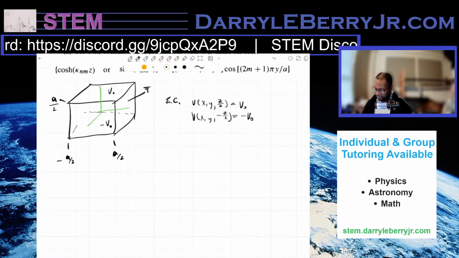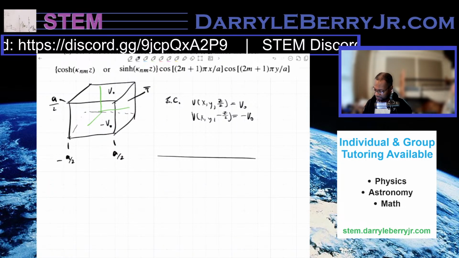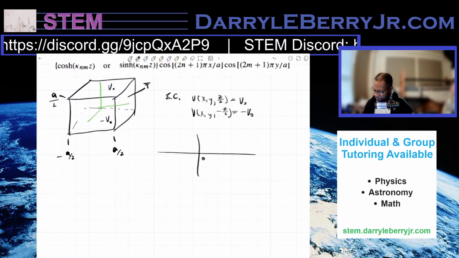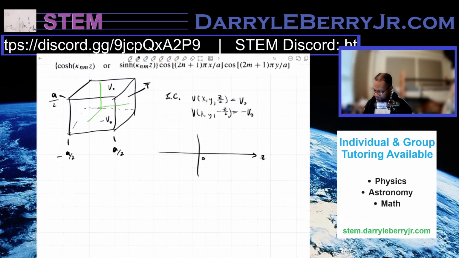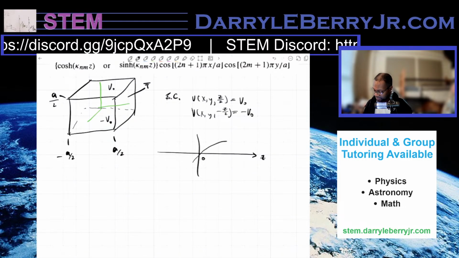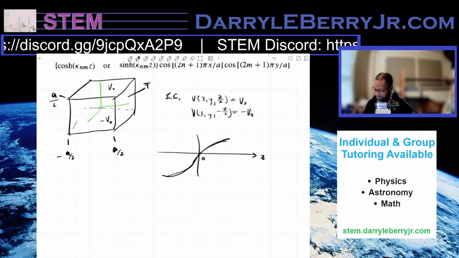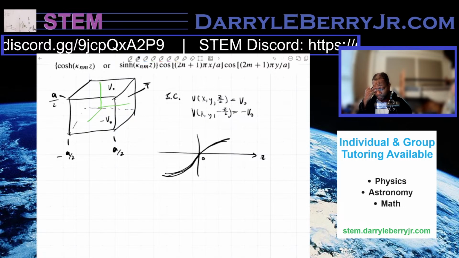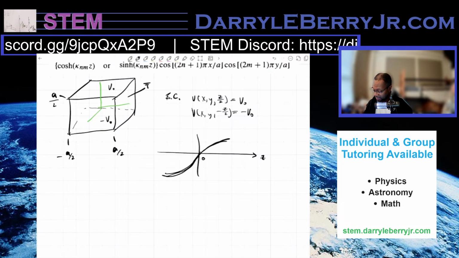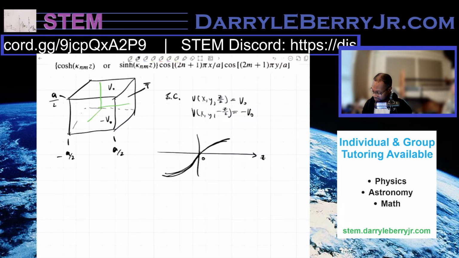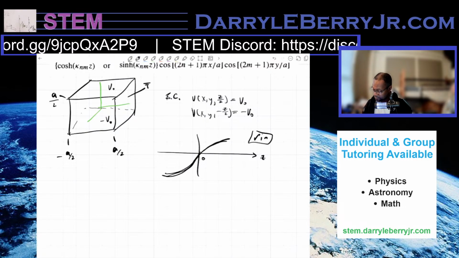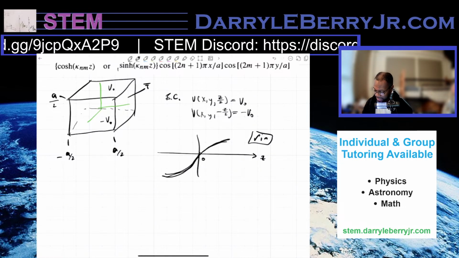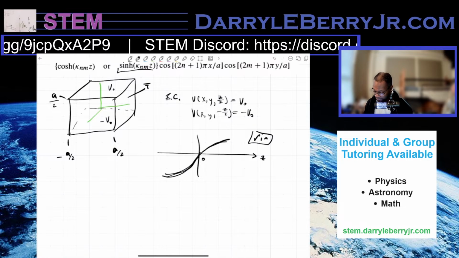So here we have to draw a rough estimate. This is the z-axis. At 0, we have nothing, and at positive, it's a high value. At negative, it's a negative value. So this is consistent with sine.